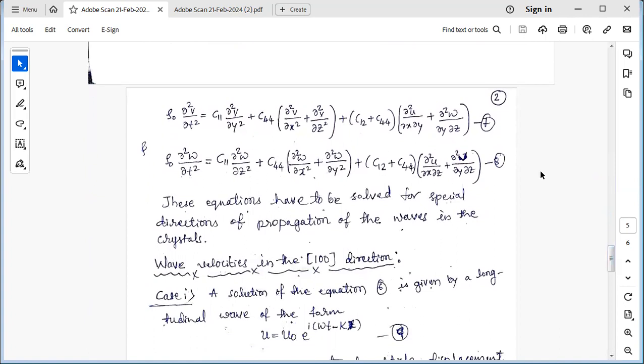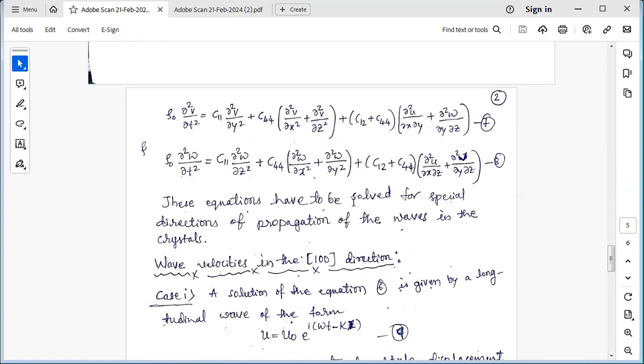These are the two equations written for the y and z directions. For this, v comes. V is the displacement in the y direction. So this is for the y direction, and w comes. W is the displacement along the z direction. So these are the two equations we just wrote in an analogous manner.